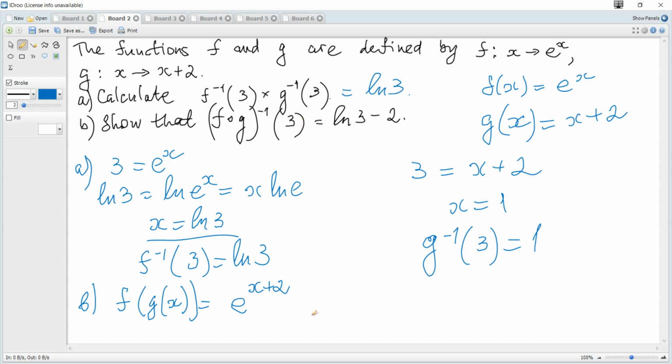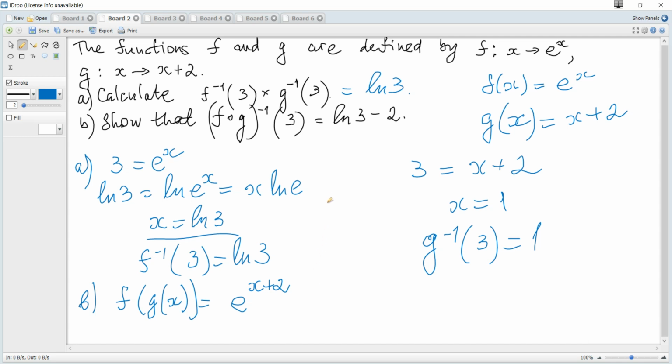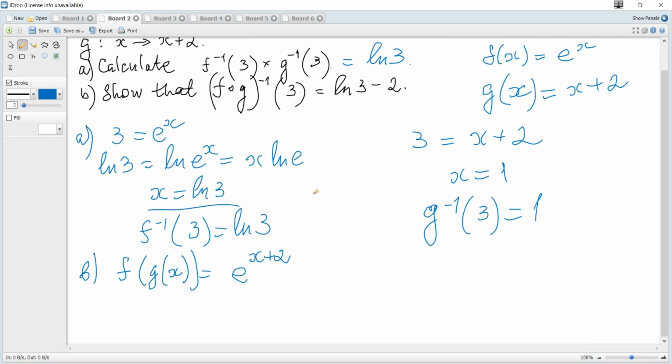And again, we can actually find the inverse and substitute 3 for x, but we can also rewrite this question in terms of the function, not the inverse. So if we need the inverse at 3, it becomes this function, y for the usual function is 3, and we need x.